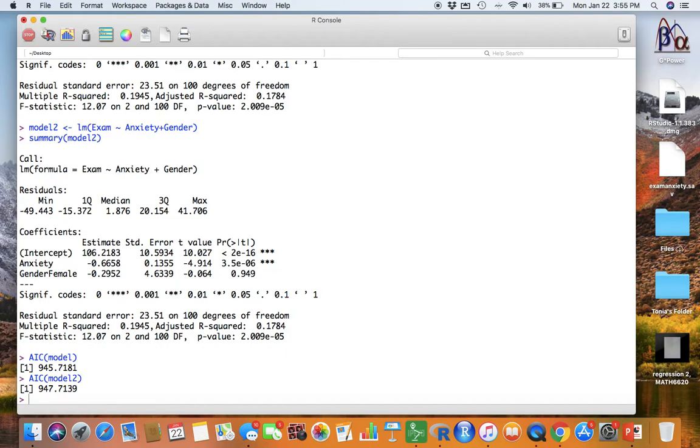And as you can see, remember the lower value indicates a stronger model, a better model. The AIC is lower for the model with just anxiety, so really by including gender in my model, I haven't accomplished much.